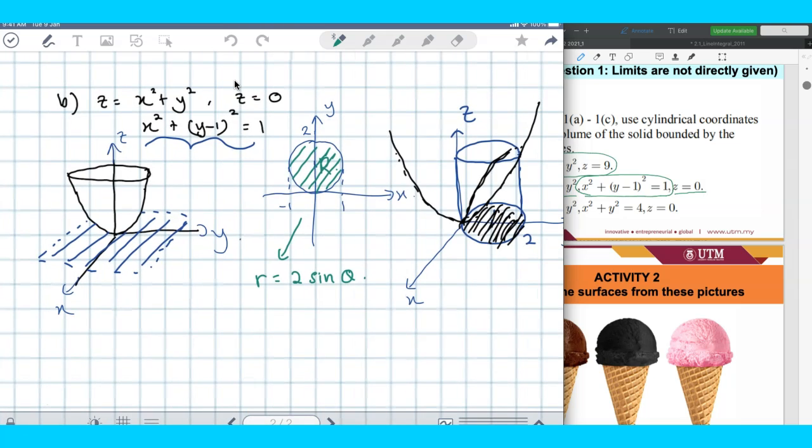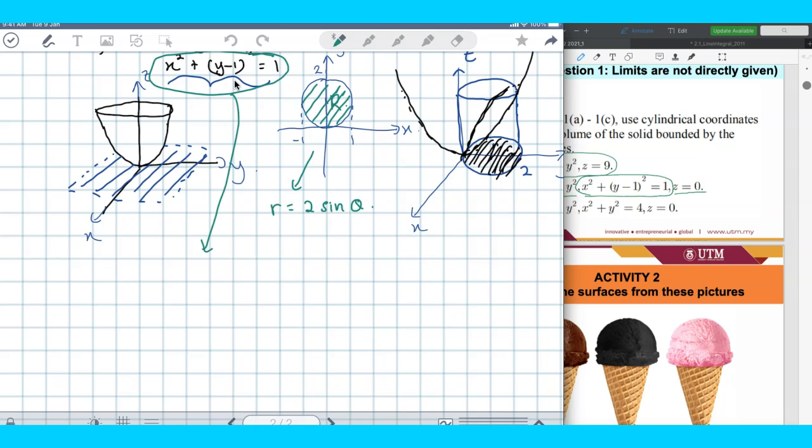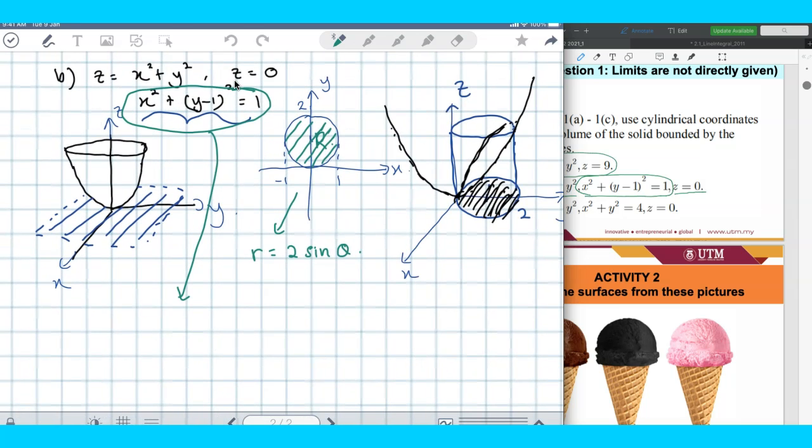You have to convert this equation into polar, into r and theta, which means that you have to expand the equation. You have x squared plus y squared plus 1 minus 2y equal to 1. So you have x squared plus y squared minus 2y equal to 0.